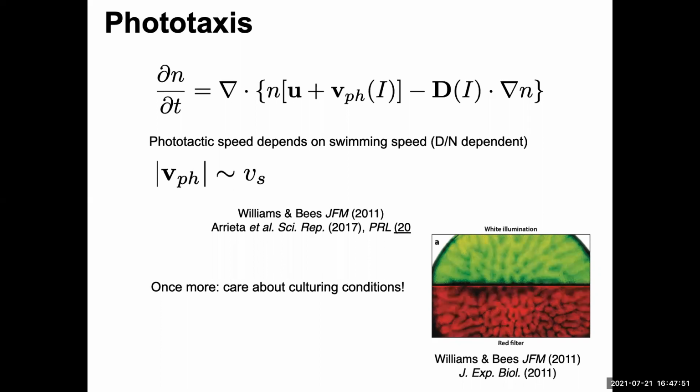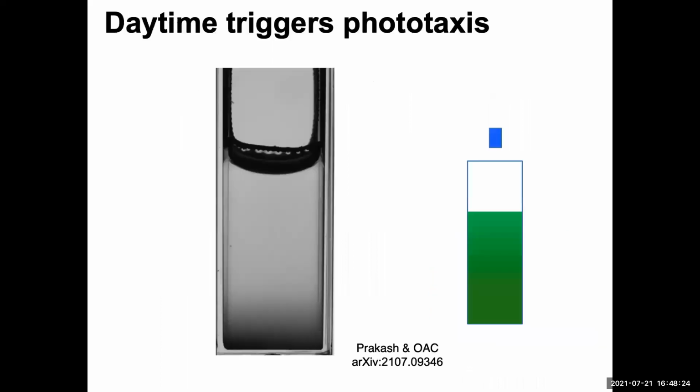And so if you have a swimming speed which changes when you've been culturing day and night, then you would expect to have potentially different results. For example, these patterns that were measured by Williams and Bees could be different if you were using different culturing conditions. So this is again a caveat about what culturing conditions we might use.